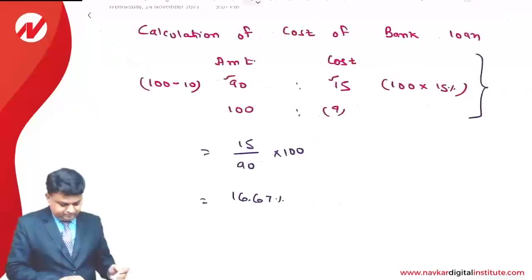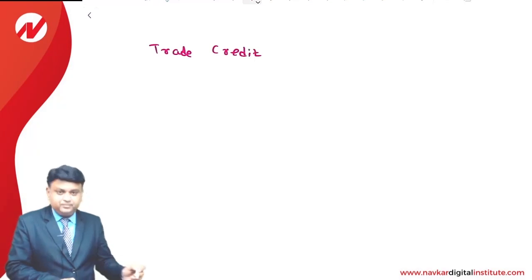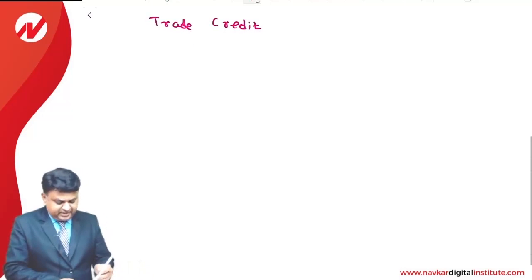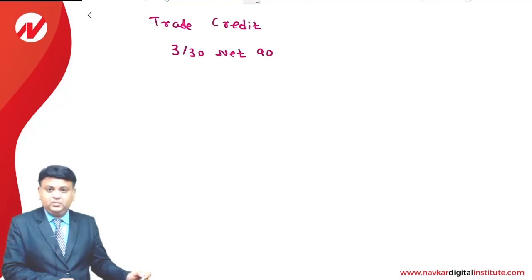So trade credit, in that, the terms have been provided as 3 by 30 net 90. So we understand that the overall credit period is 90 days. However, if we make payment within 30 days, we get cash discount at the rate of 3%.